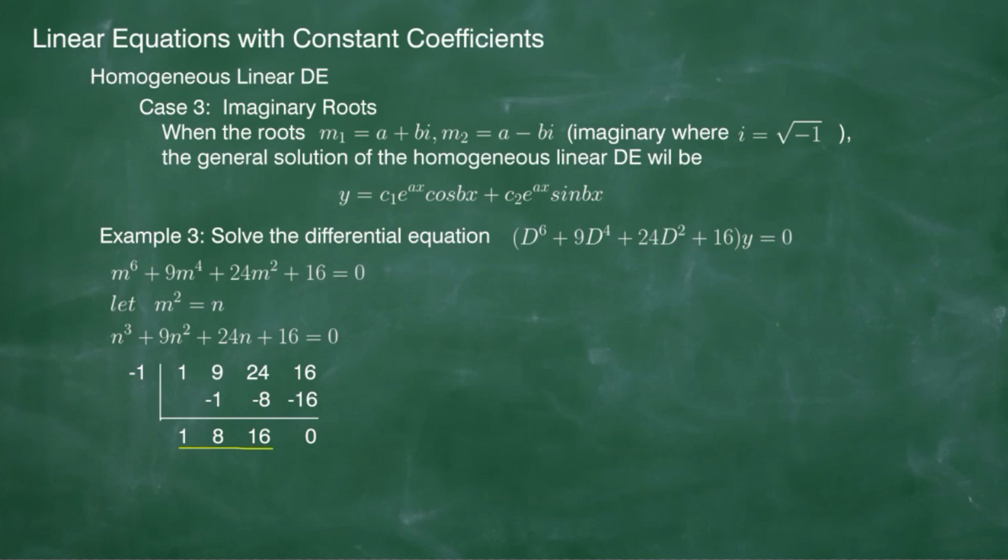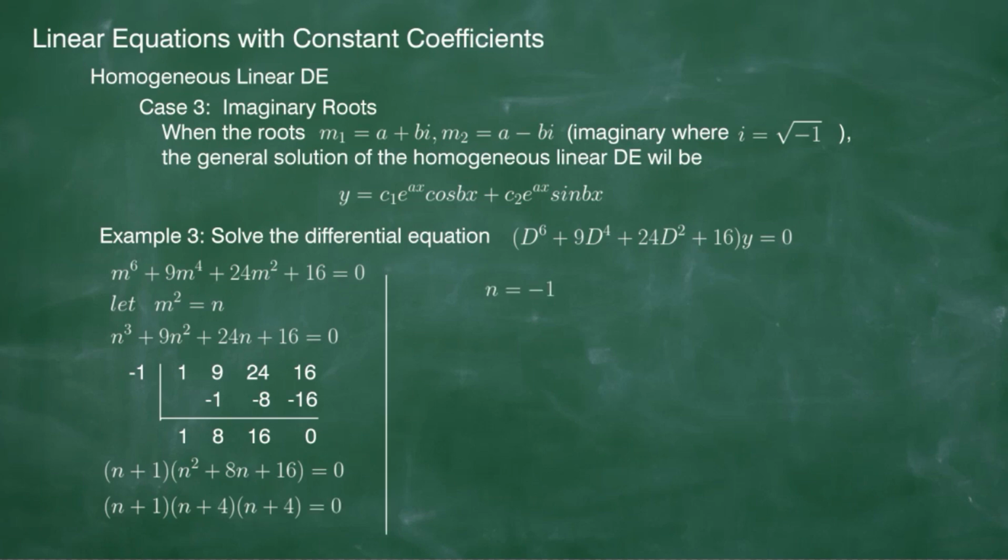These are now the coefficients of n squared and n, and the constant term is 16. So we have the factors n plus 1 times n squared plus 8n plus 16, and n squared plus 8n plus 16 can be factored into n plus 4 times n plus 4 equals 0.